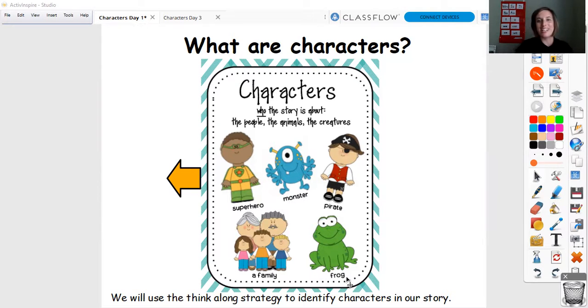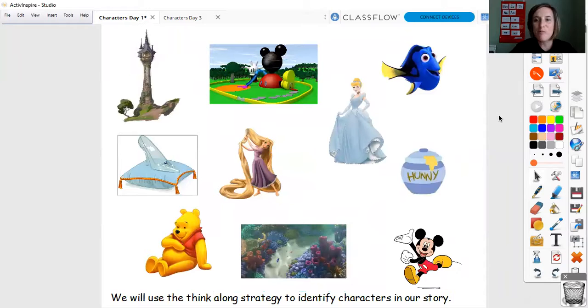So let's see if we can identify some characters. Look at my screen. Some of my pictures are characters up here. Some of them are not. Take a second and look at the screen and share with somebody at home some of the characters that you see.